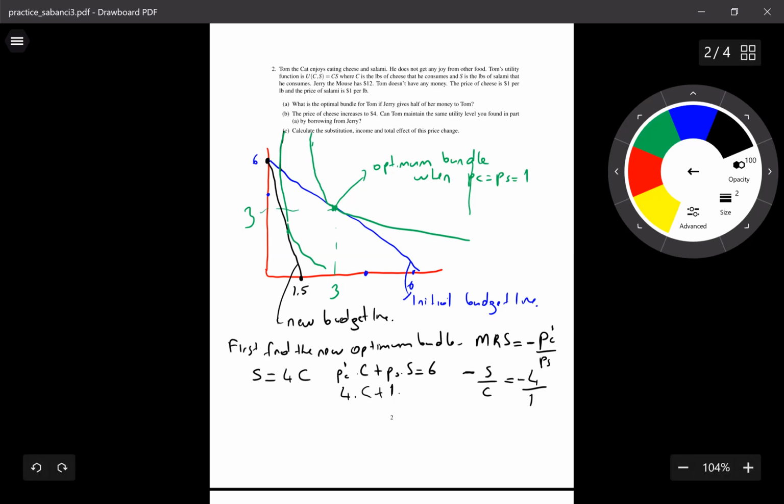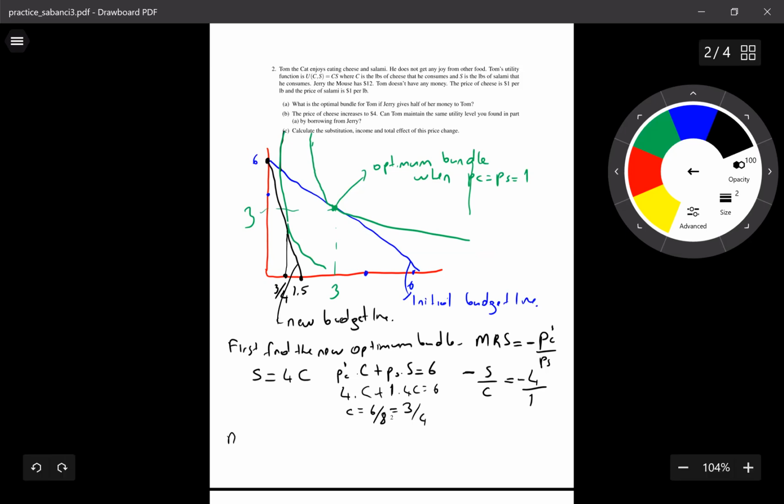PS is 1. So 8C is equal to 6, and C is equal to 6 over 8, which is 3 over 4. This new optimum point is 3 over 4, and I don't care about the salad amount here.